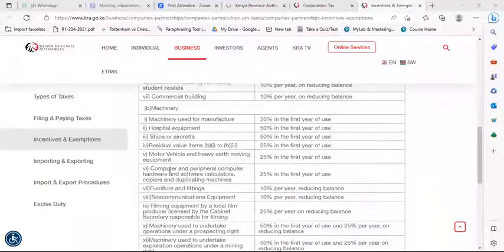So computer and peripheral computer hardware and software, calculators, copiers and duplicating machines. The rate is 25% in the first year of use.